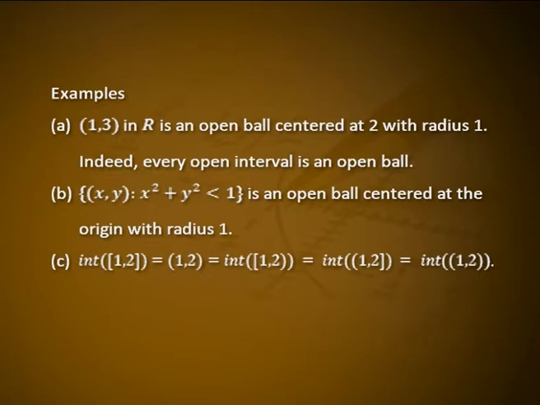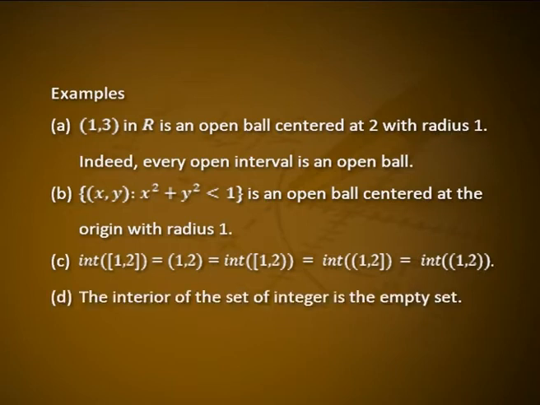C. The interior of the closed interval [0, 2] is equal to the open interval (0, 2), which is equal to the interior of the right open interval [0, 2), which is equal to the interior of the left open interval (0, 2], which is equal to the interior of the open interval (0, 2). The interior of the set of integers is the empty set.